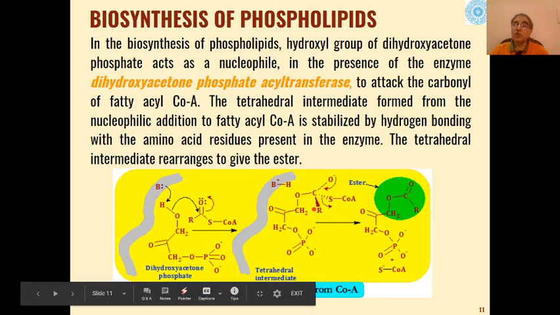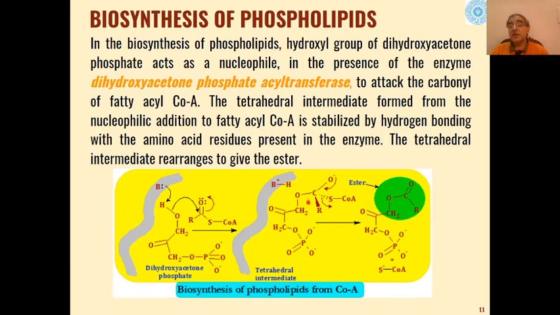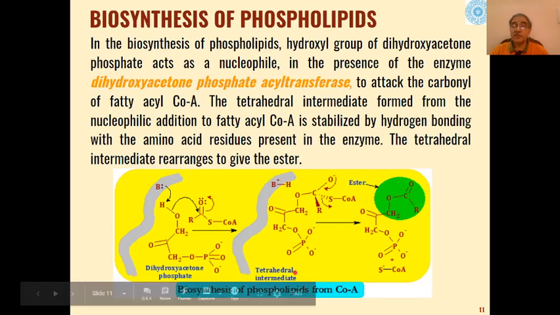So a substrate coenzyme A complex will be formed, which is a tetrahedral intermediate, and now this active site has become acidic in nature.